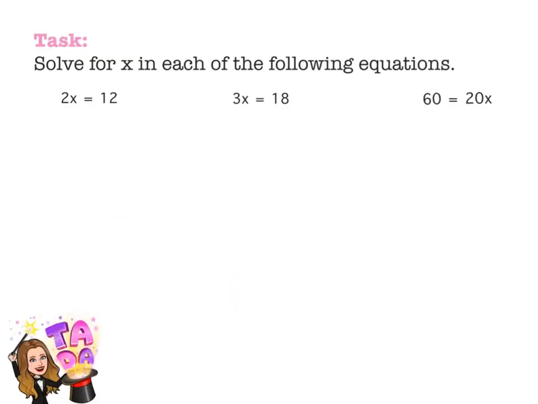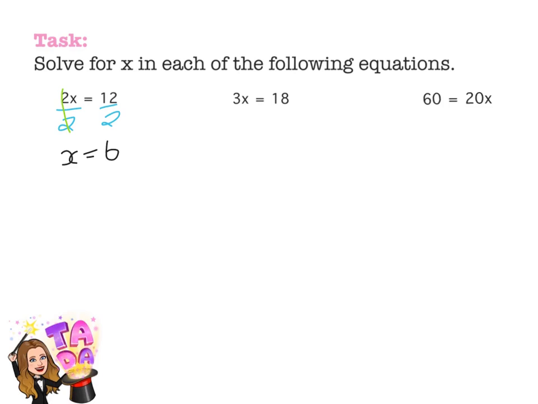Let's solve for x in each of the following equations. So let's apply our rule of we divide by the number that's in front of the x. The number in front of the x in the first one is 2, so I'm dividing both sides by 2. And when I do that, I'm simply left with x equal to, 12 divided by 2 is 6.